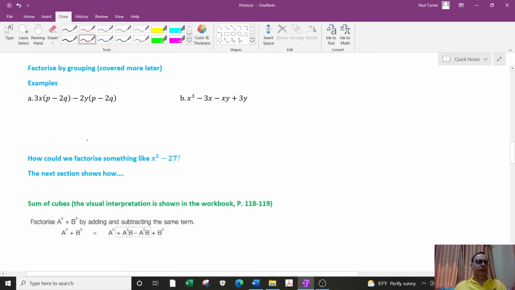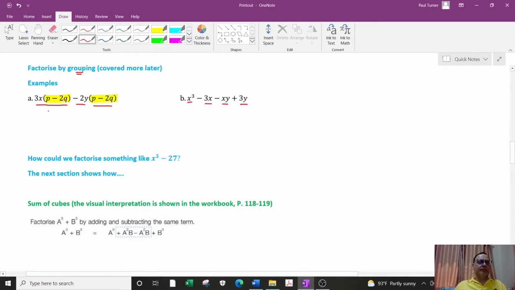In this part, we'll do factorizing by grouping. This is another method, and especially when we have 4 terms, like in this example here. So it doesn't always work, but we try. So look what you have here, 3x times p minus 2q, minus 2y times p minus 2q. What you should notice is that we have a common factor here.